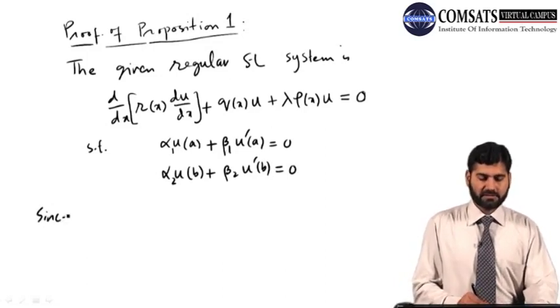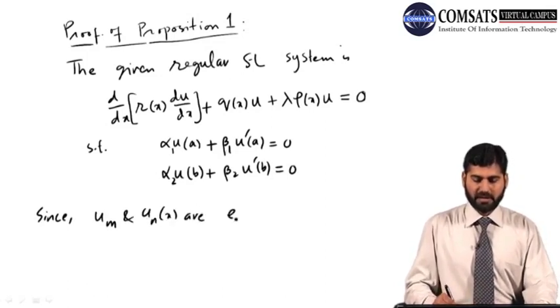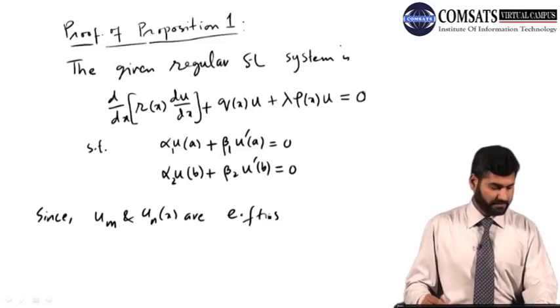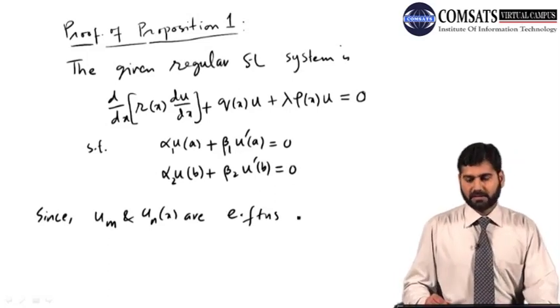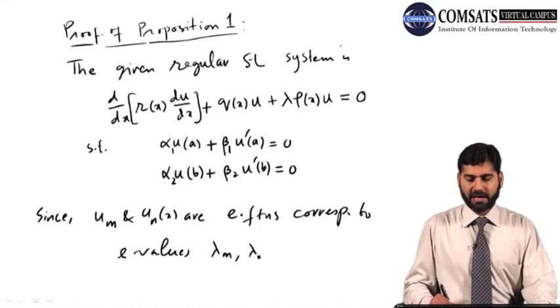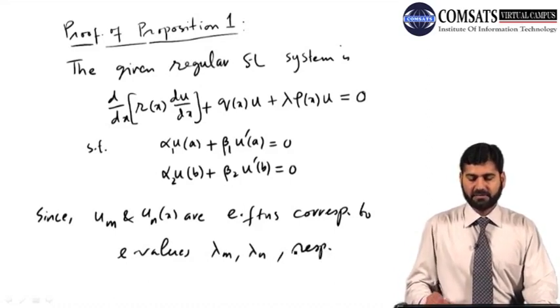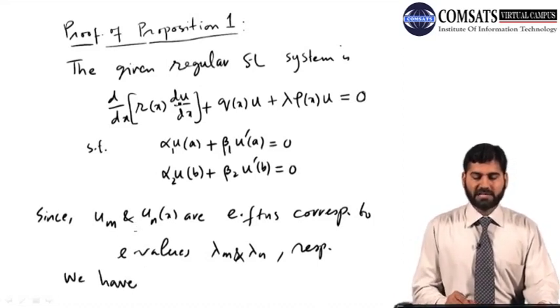Now since um and un are eigenfunctions corresponding to eigenvalues lambda m, lambda n respectively, it means your un satisfies this equation.